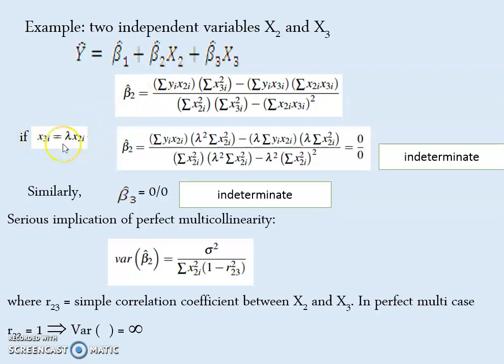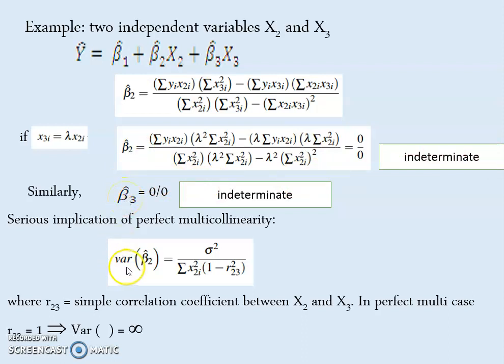This shows a perfect multicollinearity. When we replace x3 with lambda x2i, we can cancel out all the terms and we get 0 over 0. When we get 0 over 0, we cannot determine beta 2 hat, so beta 2 hat is indeterminate. The same goes for beta 3 hat.